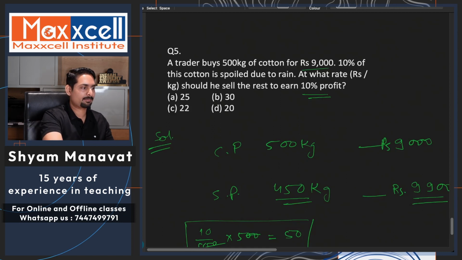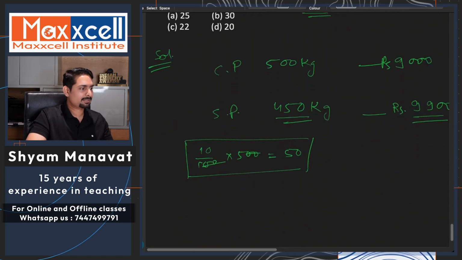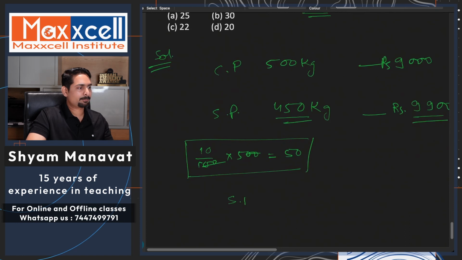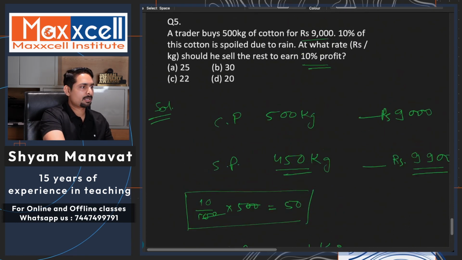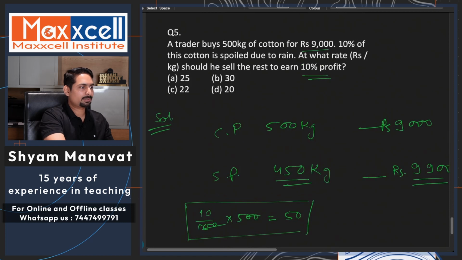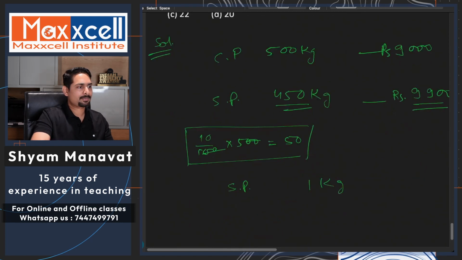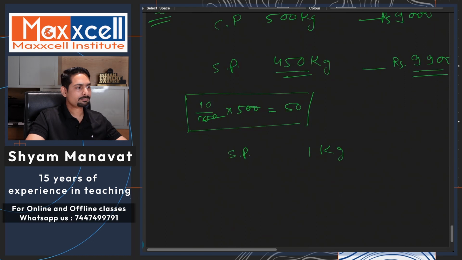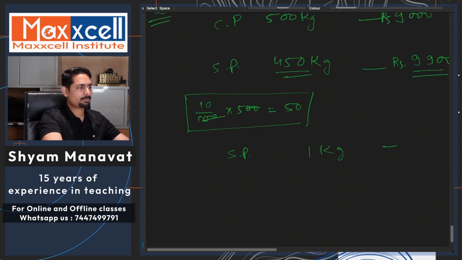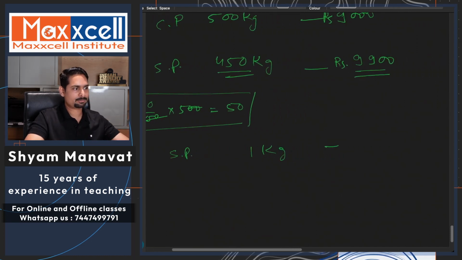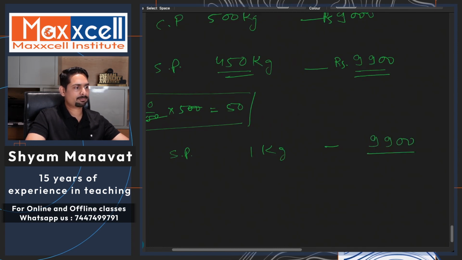With this I can say the selling price per kg, for 1 kg, that is what the question asked, to find the rate per kg of selling. That would be equal to, if 450 kg is this much, 1 kg would be 9900 divided by 450. Correct?